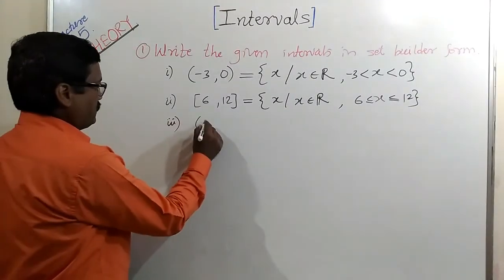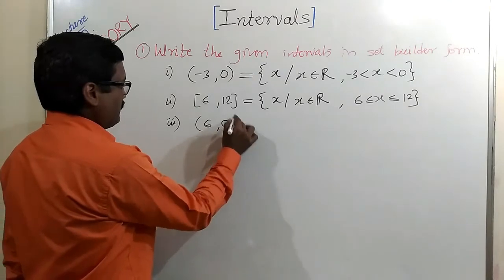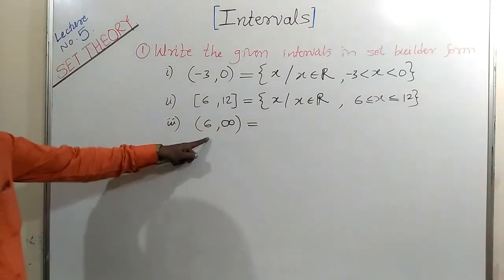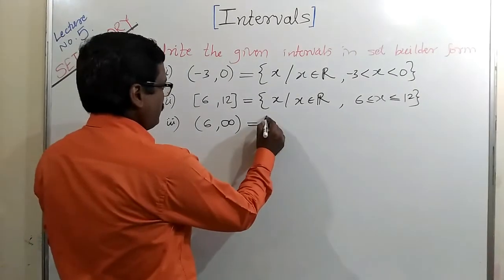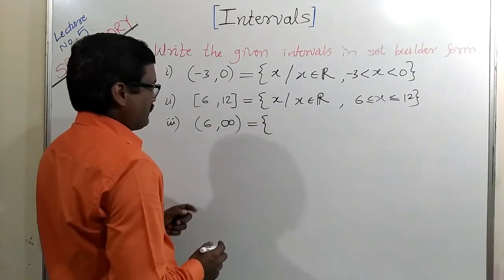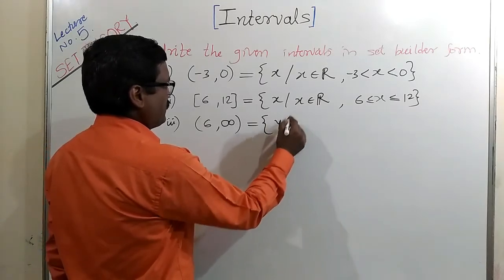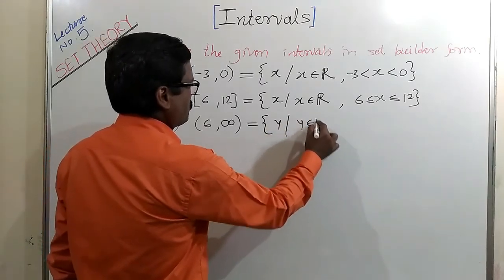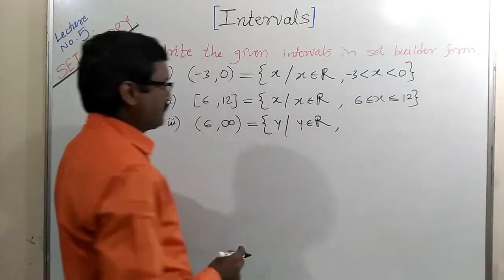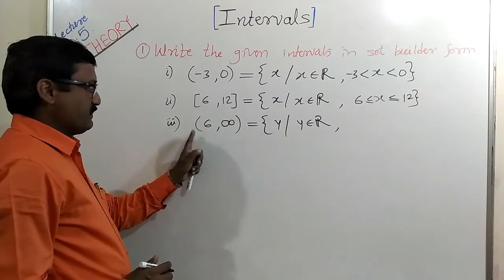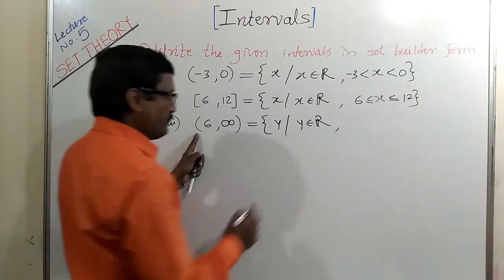Let us see 6 to infinity. Open 6 to infinity. Again, these two are open brackets. So it's a set of all x, or you can say y also, such that y belongs to the set of real numbers, such that y is greater than 6 but not equal to, because the bracket is open.